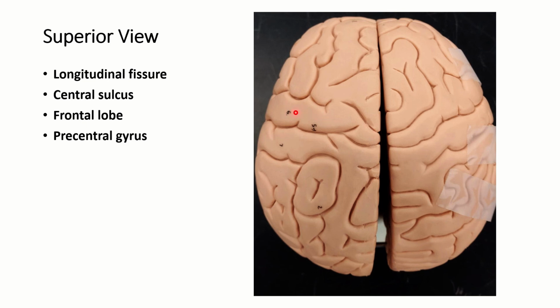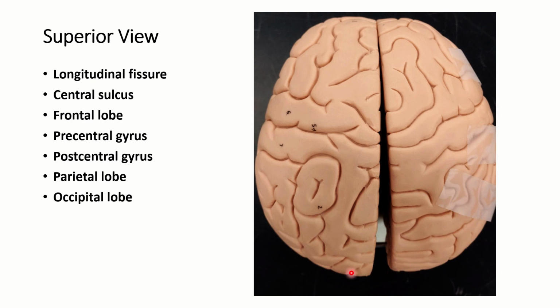This is the precentral gyrus that is still part of the frontal lobe, so that's for motor activities. And this is the postcentral gyrus that is for the sensory. Parietal lobe, this whole area is the parietal lobe. And the occipital lobe is all the way here at the back.